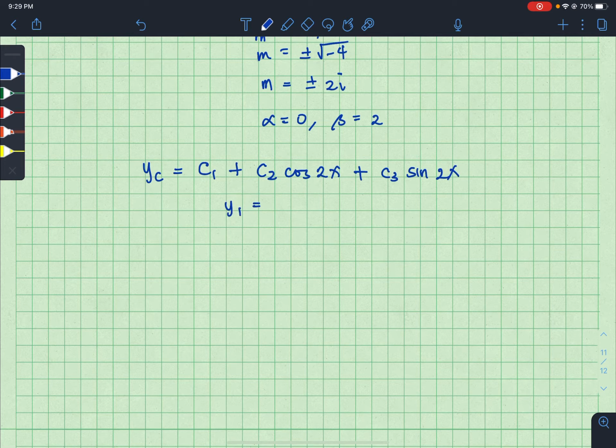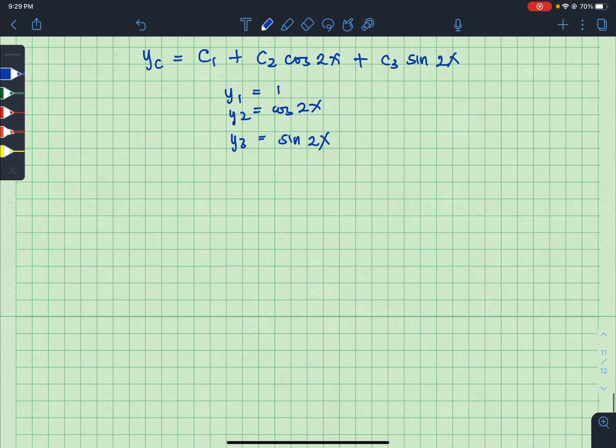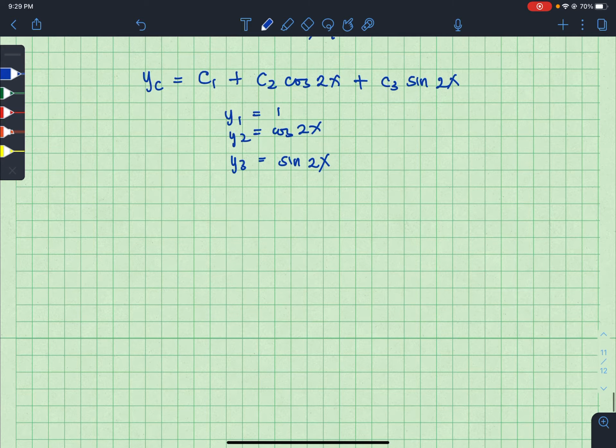So our y1 is 1, our y2 is cosine 2x, and y3 is sine 2x. So for the Wronskian W, we could write down our three solutions: 1, cosine 2x, and sine 2x.